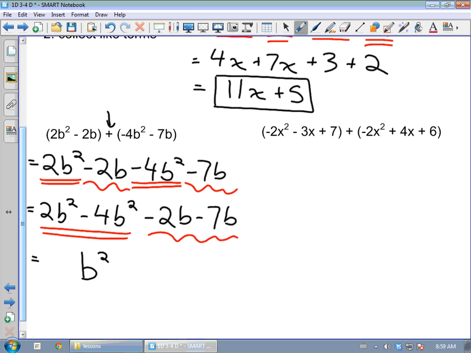And then I'm just going to do 2 minus 4. 2 minus 4 gives me negative 2. What am I going to have over here? Negative 2b minus 7. I've got to think to myself, negative 2 minus 7. I'm starting at negative 2. I'm making this smaller and smaller and smaller. Negative 9. Negative 9 what, Stephanie? Negative 9b. I still have to have that variable there.